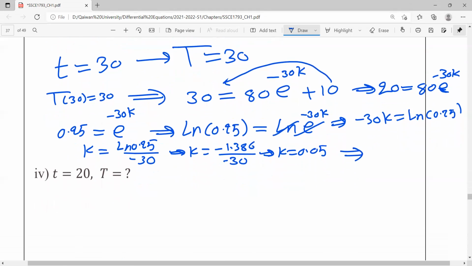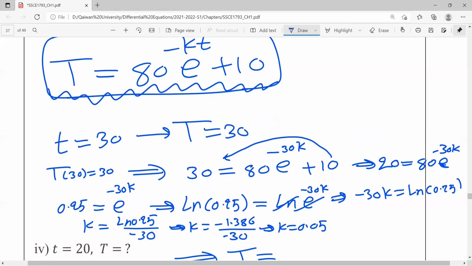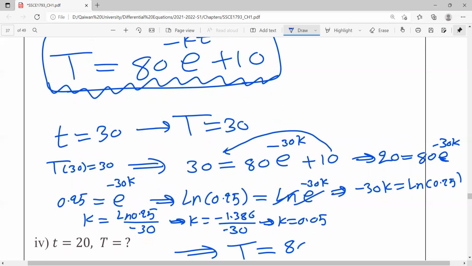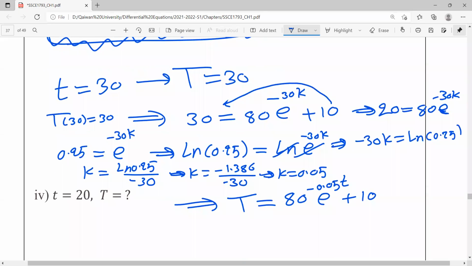T equals A e to the power minus 0.05 t plus 10.